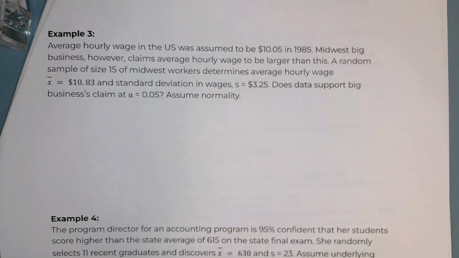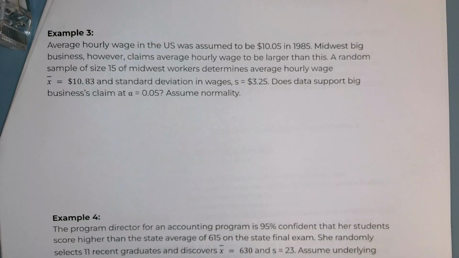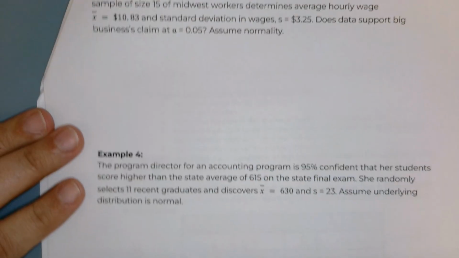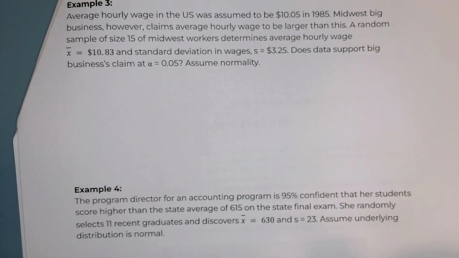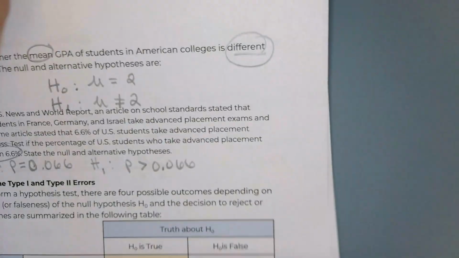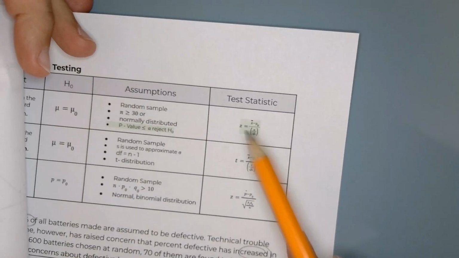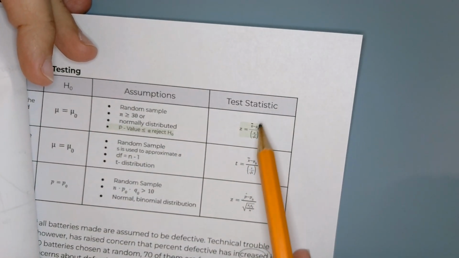Do we know the population standard deviation? We do not. Okay, when it comes to the mean problems, you have to check to see if you're given a population standard deviation. If not, then you need to use a t-distribution. If you do, then you can use the z-distribution. Now, everything about the problem is the same except for, of course, the critical value.